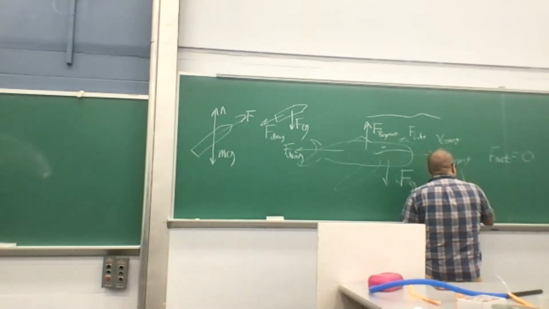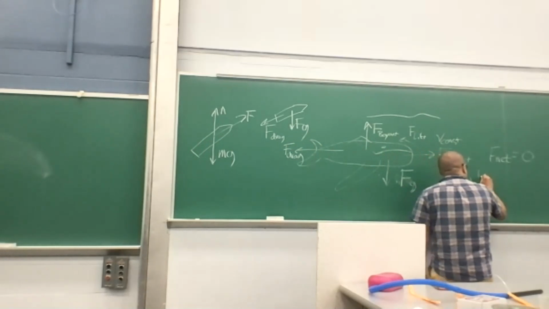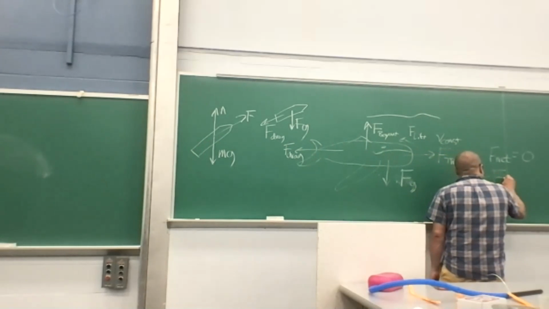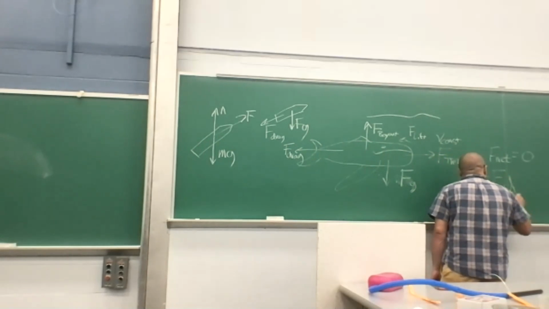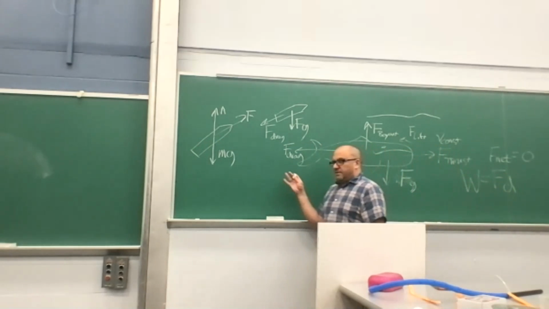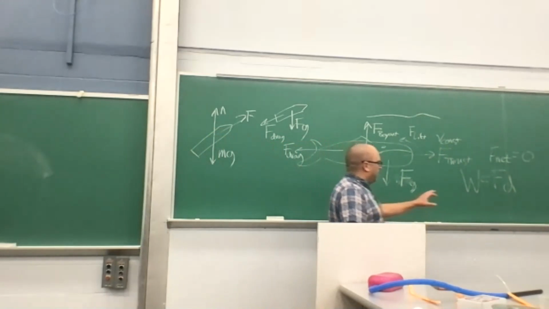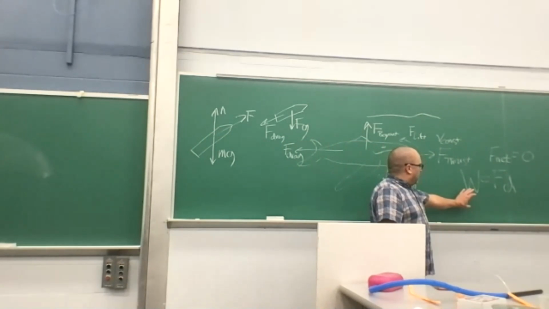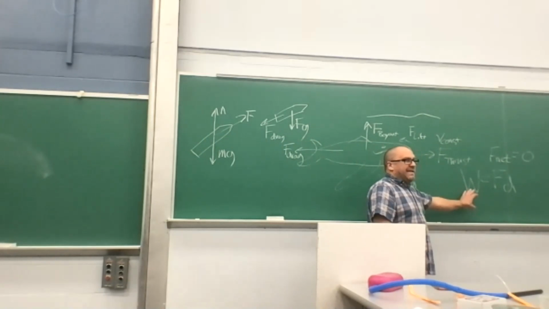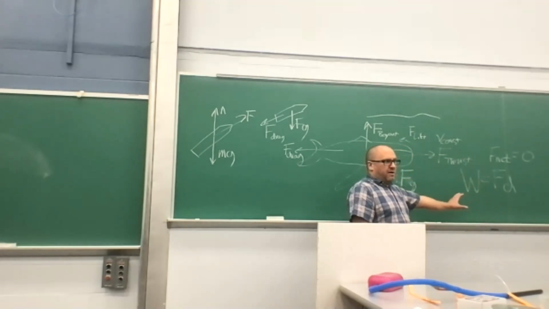Now, we haven't talked about this yet, but we're going to. If we want to think about energy, force times distance is the work. And work is energy. And so if you think about this, the whale has to provide this much energy for it to keep swimming over a long distance.